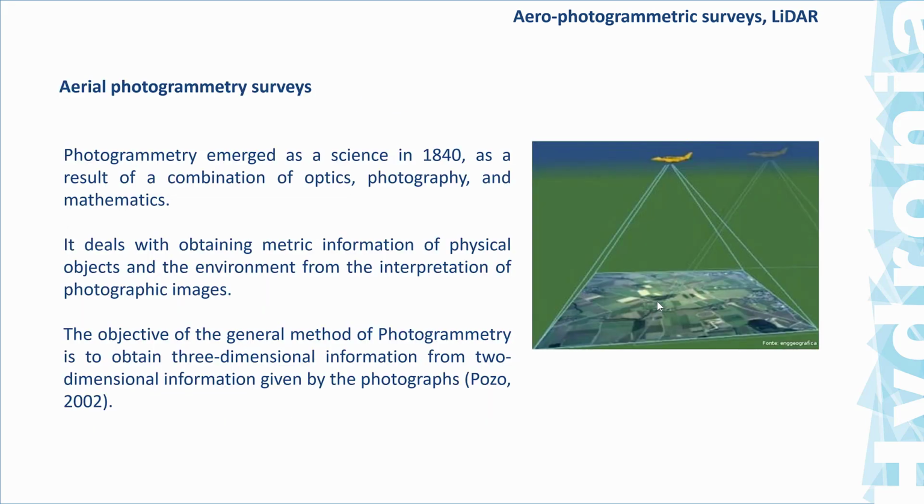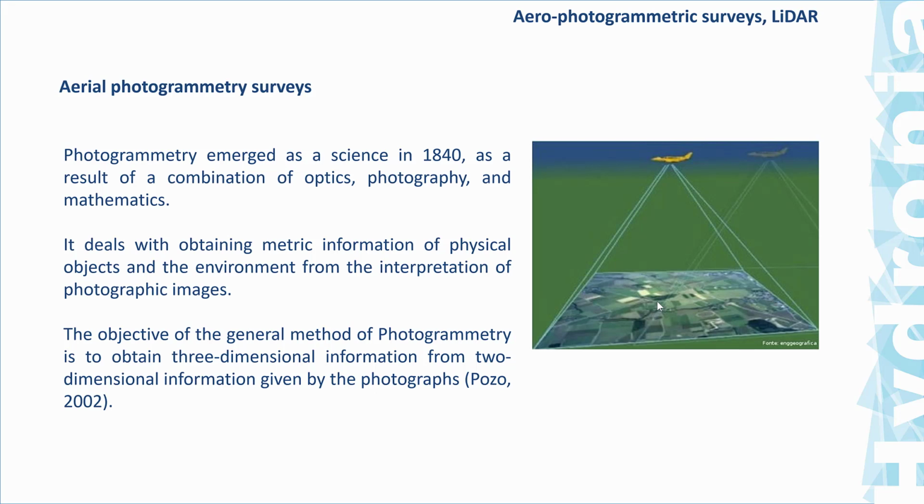Now the second set of data is probably the traditional one that you may be familiar with. It's a very old method that has been in use to generate photogrammetric stereo sets.